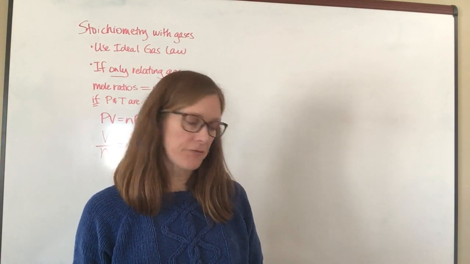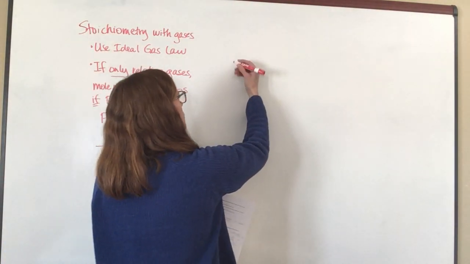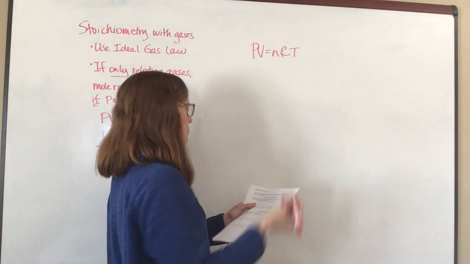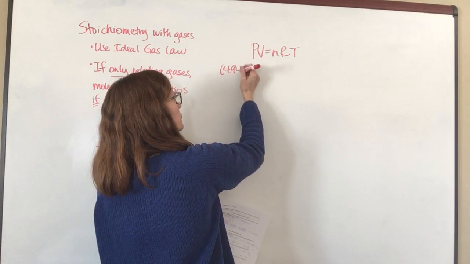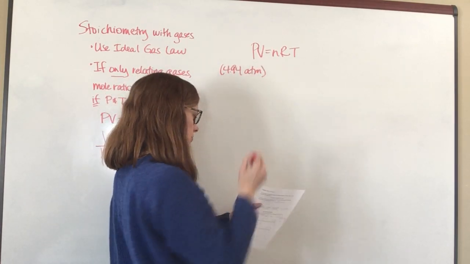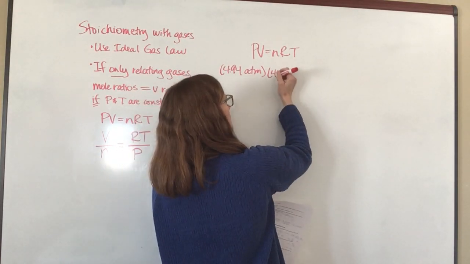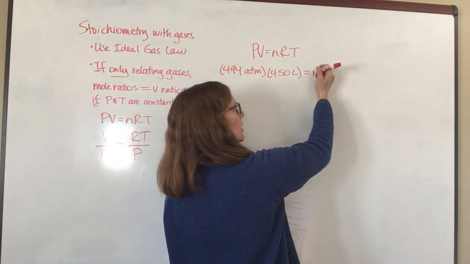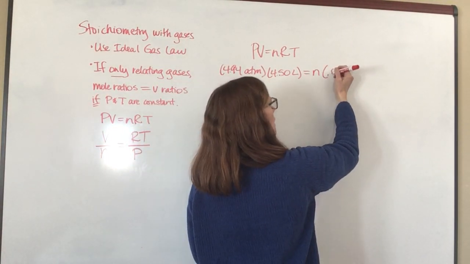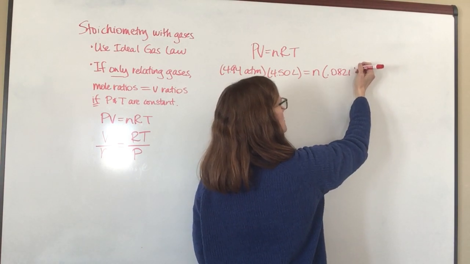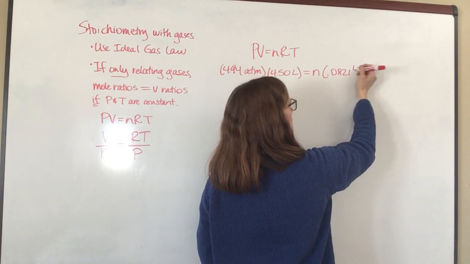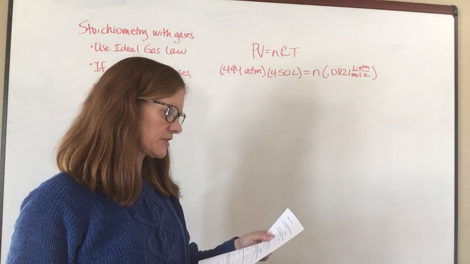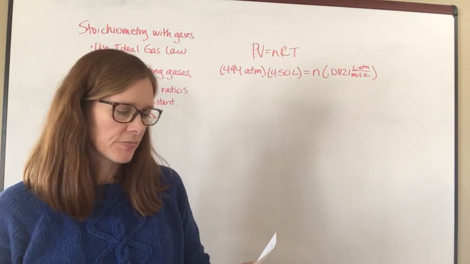In order to do that, I have to use the ideal gas law. So PV equals nRT. The pressure that they gave me, 4.94 atmospheres. They told me that I had 4.50 liters of water vapor. Number of moles is what I'm trying to find. That's my whole goal here. Ideal gas law constant. And then the temperature I'm given says 200 degrees Celsius.